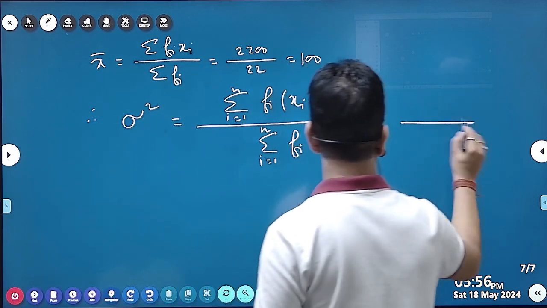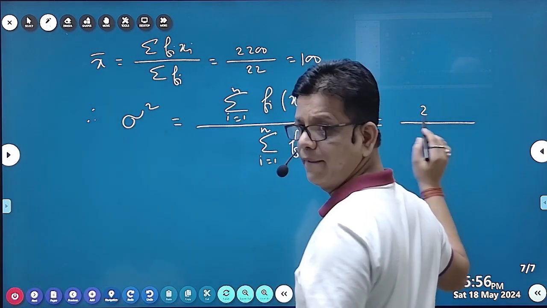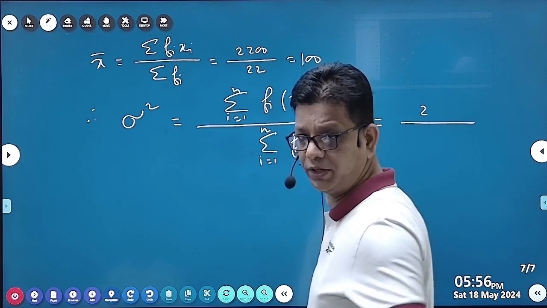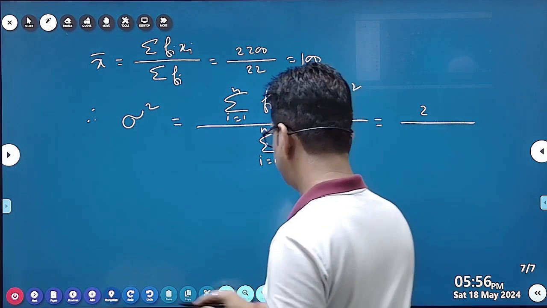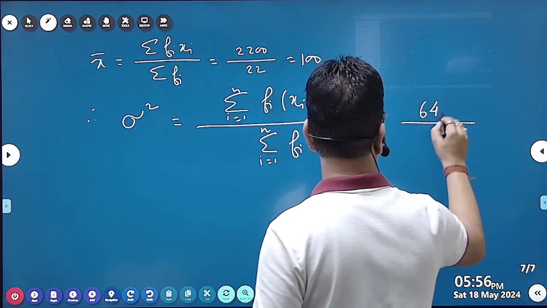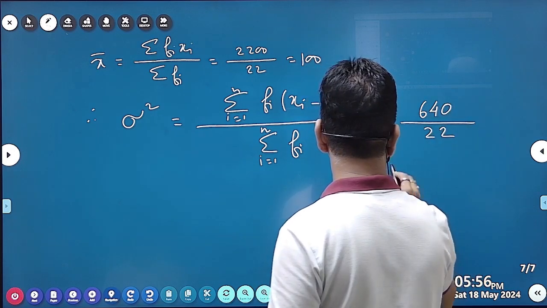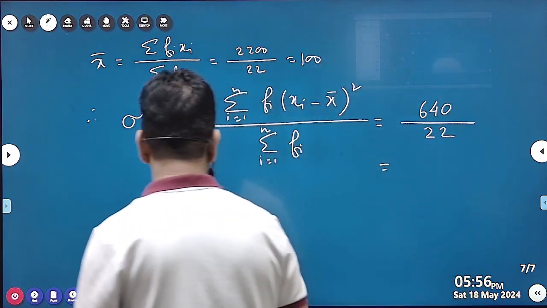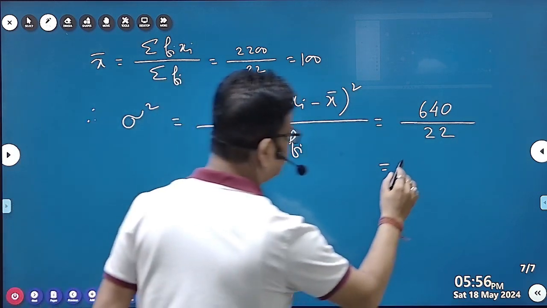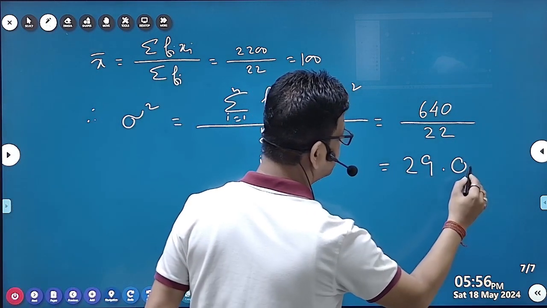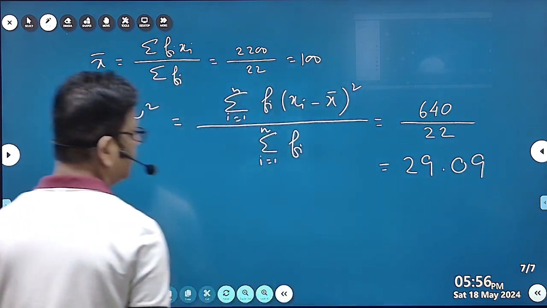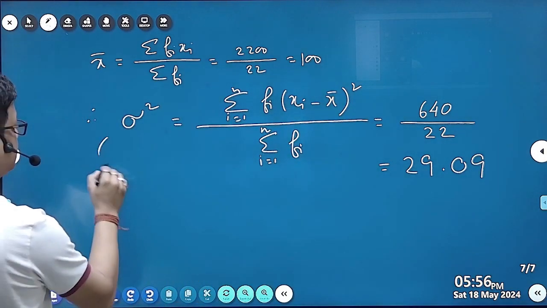Of course, you can write it; if you don't, it doesn't matter. So you got this number 640, and then divide by 22. How much? 29.09. Okay. So this is your sigma square, the variance.